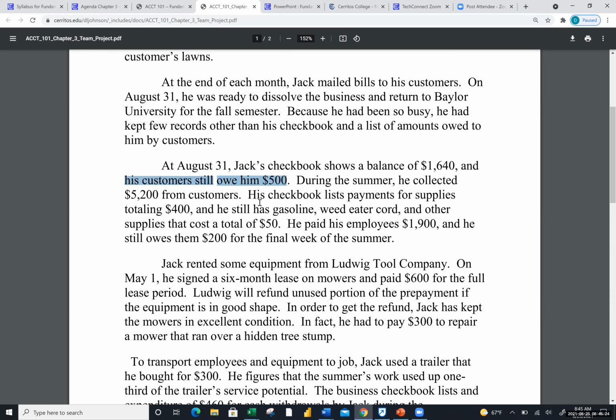The question you want to ask yourself, has the cash changed hands? Has the cash changed hands? If the answer is yes, it's a deferral. If the answer is no, it's an accrual.